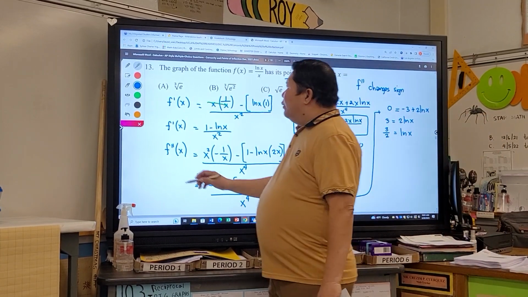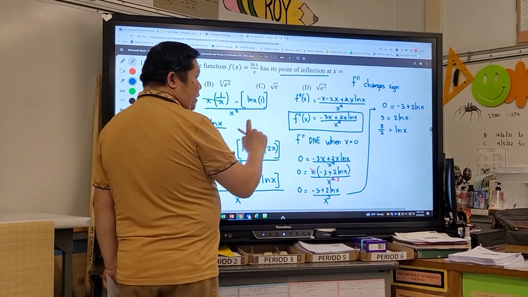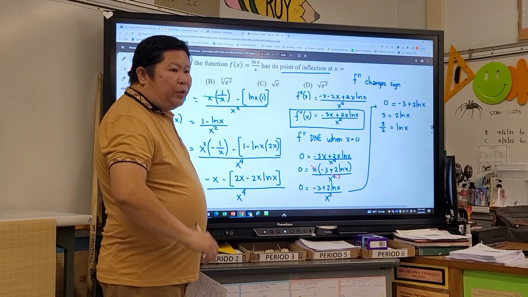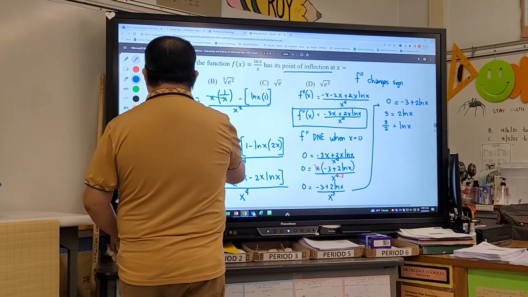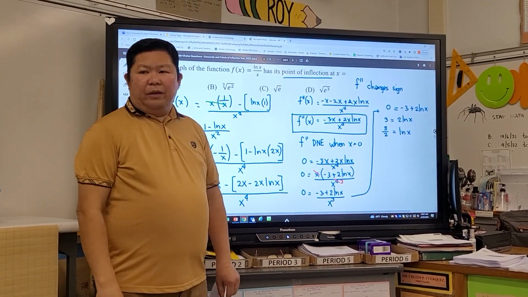In order for us to solve for x, because we are solving for x, the x right there is the point of inflection, right? So what do we do normally? Can you recall the previous topic?